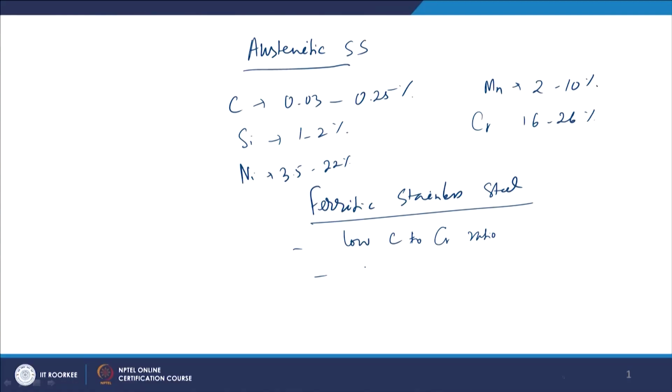These steels are basically magnetic and have good ductility. That is again a property of these ferritic stainless steels, and they do not work harden to an appreciable degree.